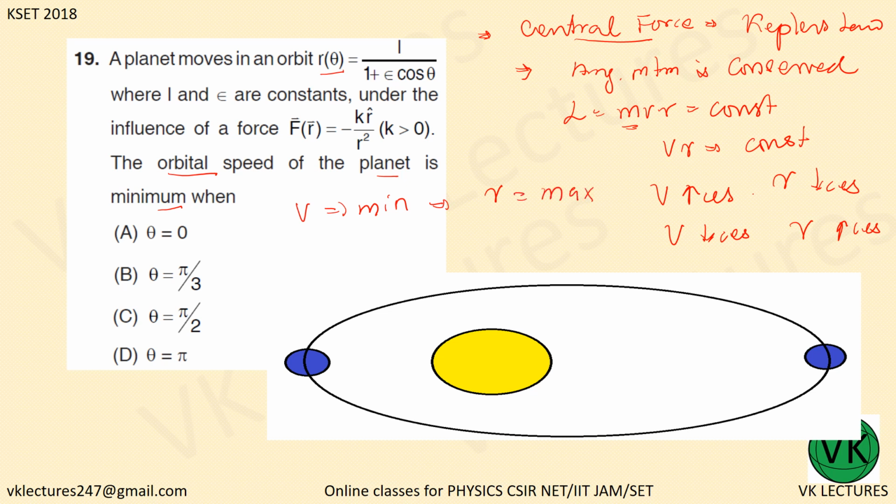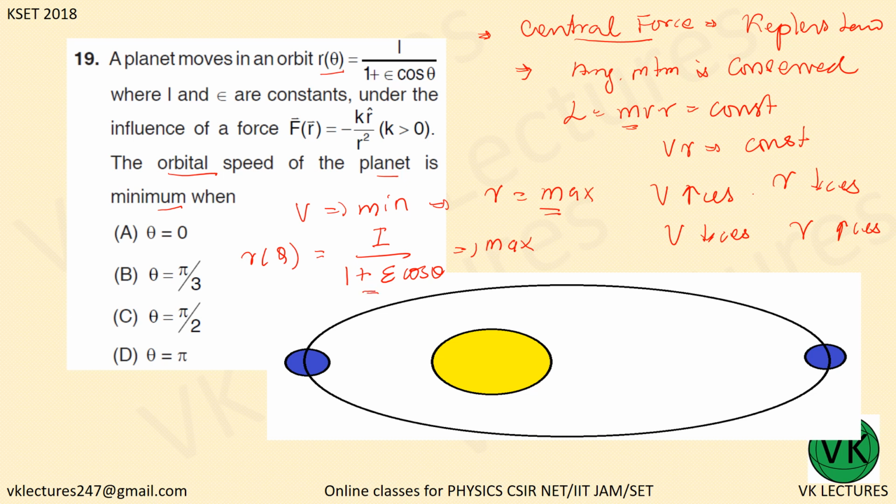Now here you have been given r of theta. So r of theta will be maximum when l divided by 1 plus epsilon cos theta is maximum. Okay, when does this become maximum? When the numerator is very large or increases, or your denominator decreases.